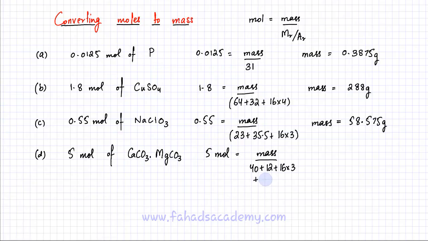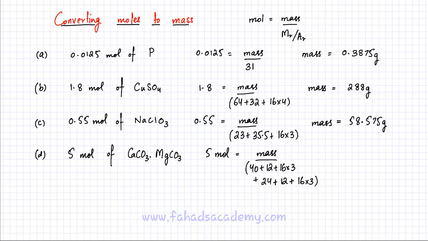So magnesium is 24, and then there's 1 carbon, so that would be 12, and then I'm going to add 16 multiplied by 3. So that's going to be my MR in this case.